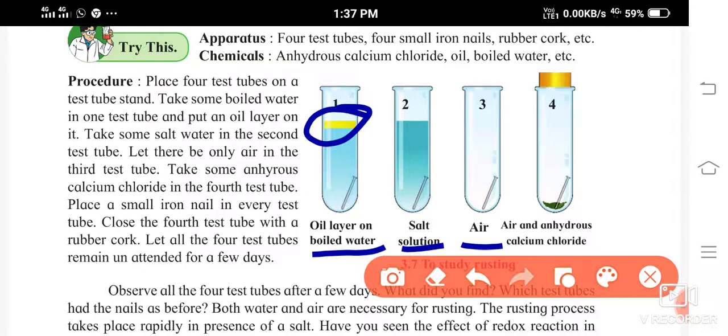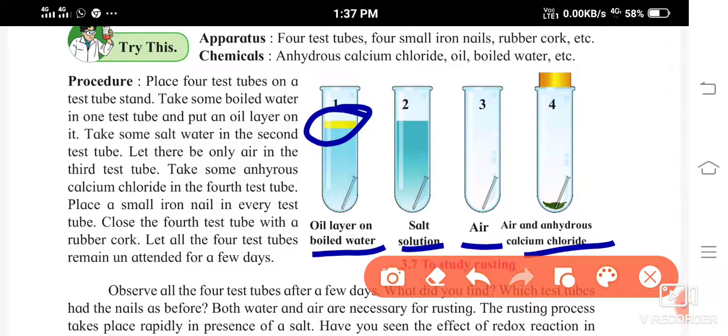Then take some anhydrous calcium chloride in the fourth test tube. Now you are going to place a small iron nail in every test tube. So what have you done?